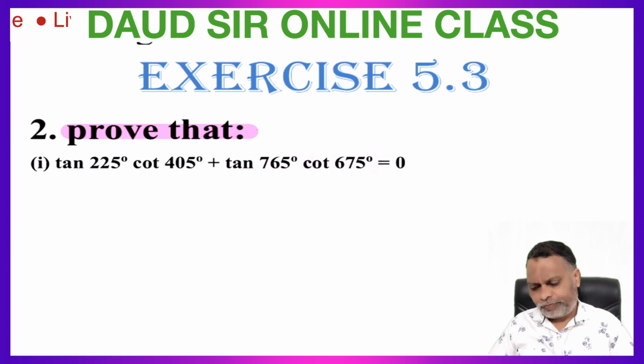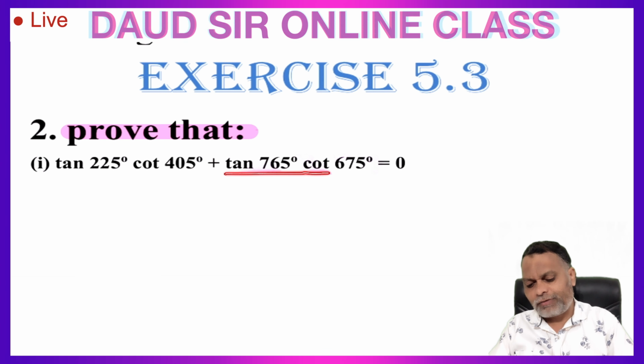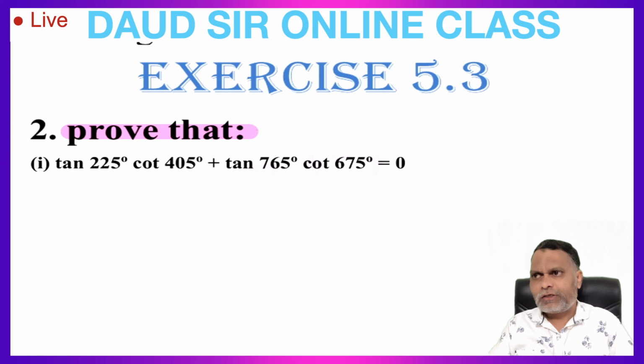First part: tan 225 degree into cot 405 degree plus tan 765 degree into cot 675 degree is equal to 0, we have to prove.